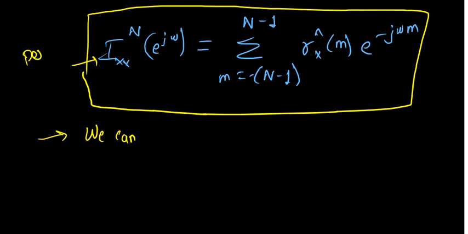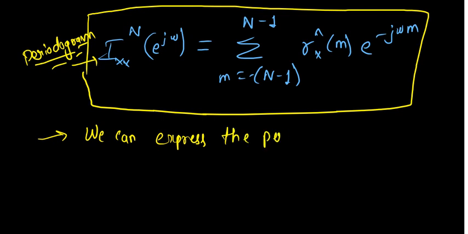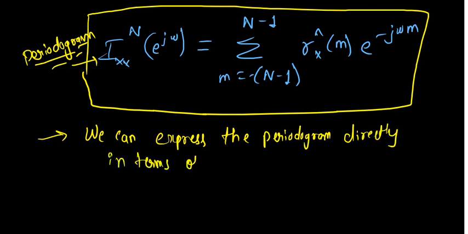Slowly we are getting close to the periodogram. So this is basically our periodogram, and now this line is very important: we can express the periodogram directly in terms of the process x of n.